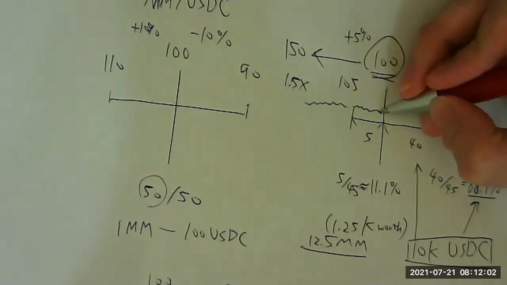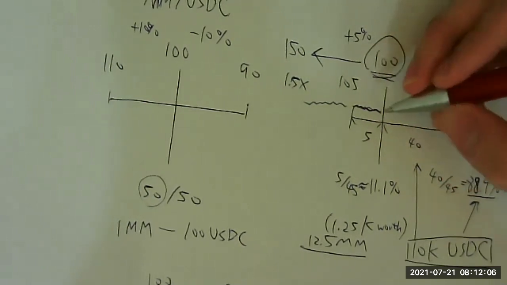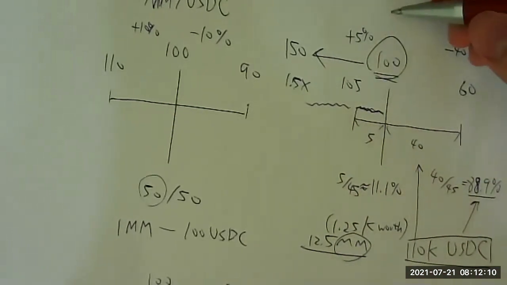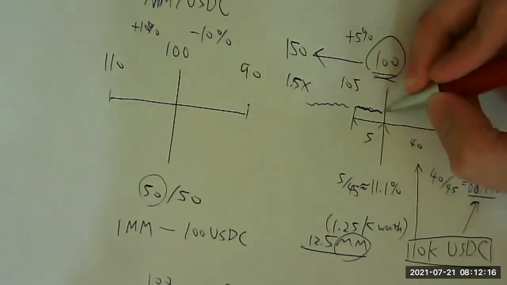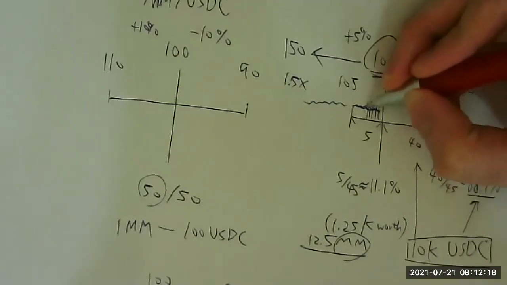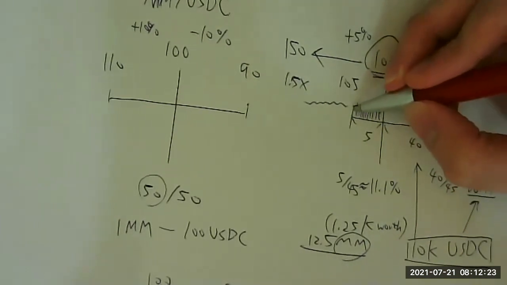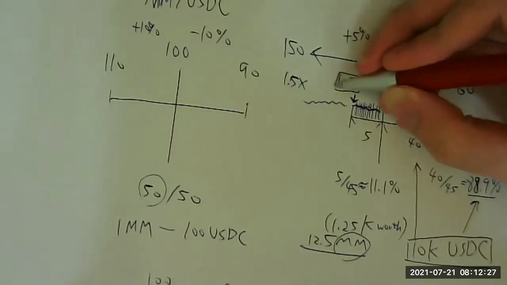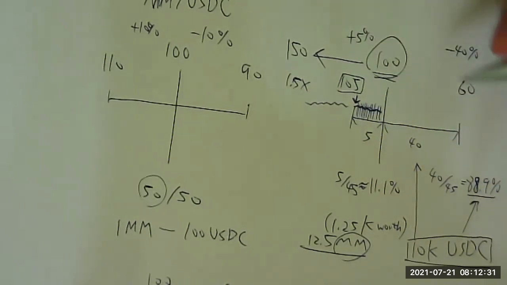And during this part, what you'll be doing is you will be selling your MM here for the buyer's USDC. Okay, and you'll be selling at each point on the price curve until this point. So at exactly 105, you would have no MM left. They will all be converted to USDC.